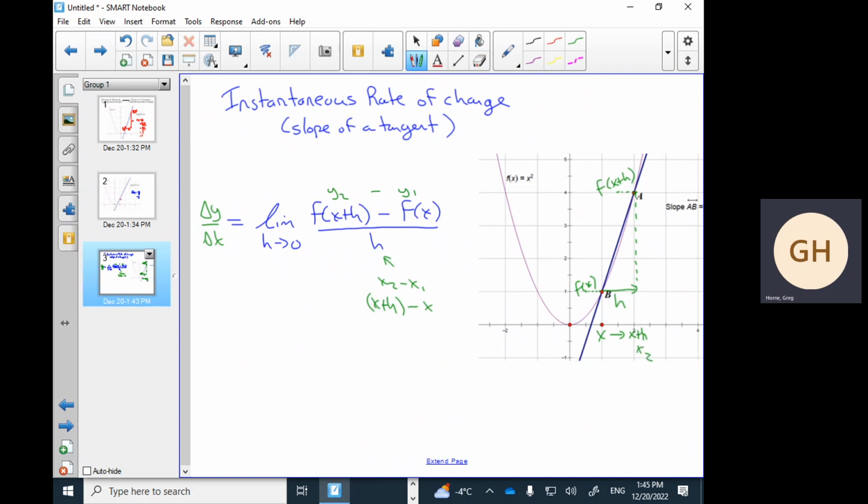So x2 and x1. When you do that, of course, the x's just cancel out, and you're left with just h. So this thing, even though it looks kind of weird, is really actually delta y over delta x.